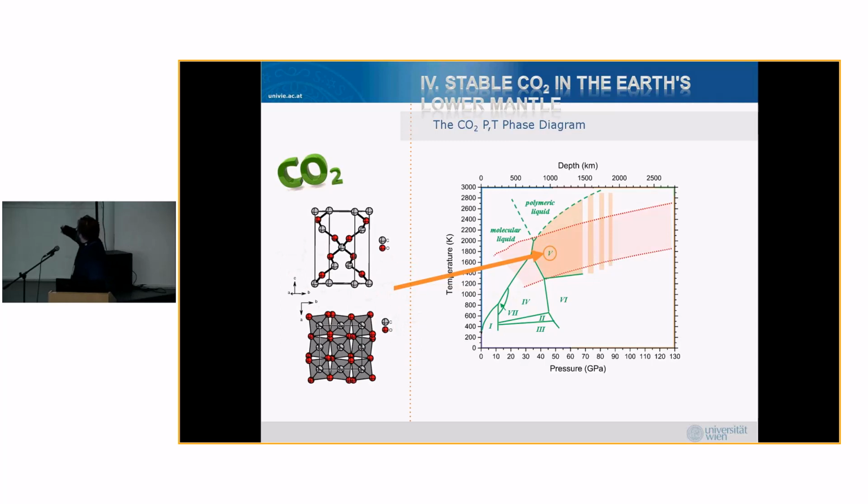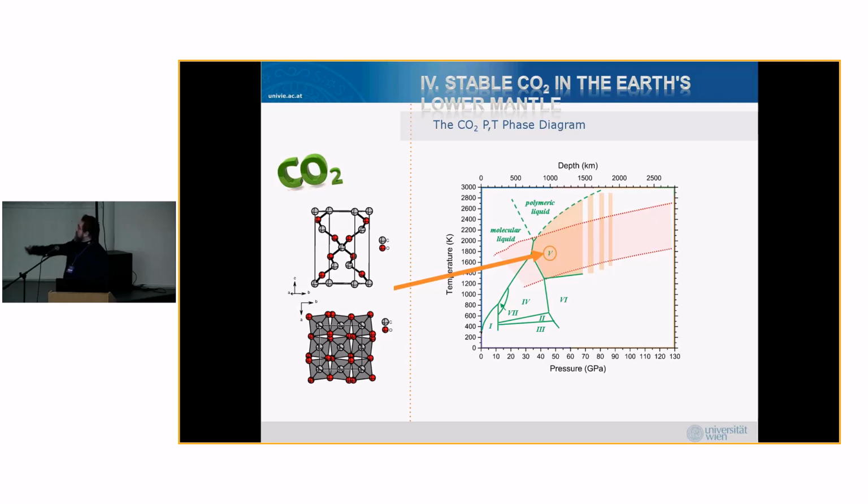Above this border that is going down here, you'll see CO2-5 is changing now. It's going away from a molecular system. Now we have a fourfold coordination in the tetrahedron, similar to what we know from silica.